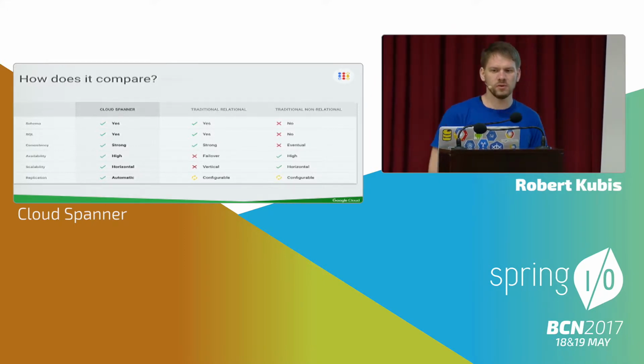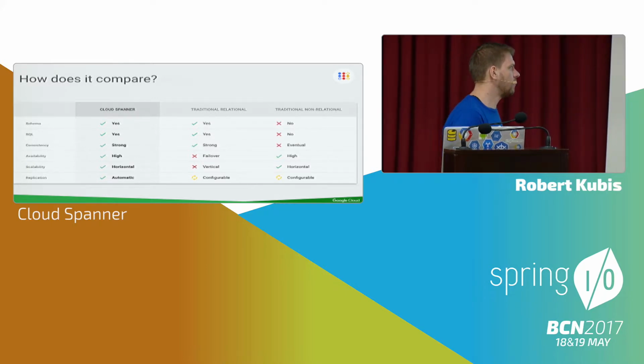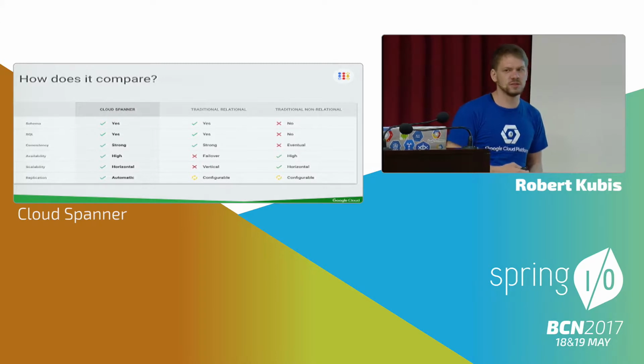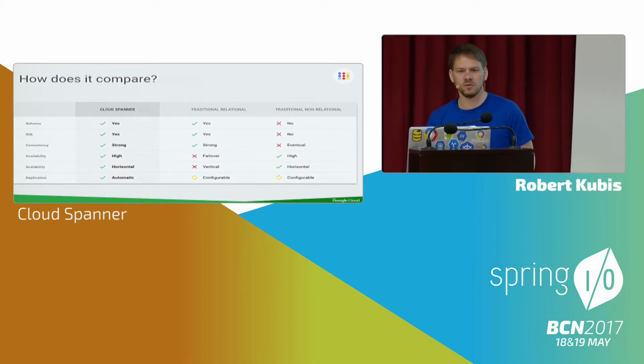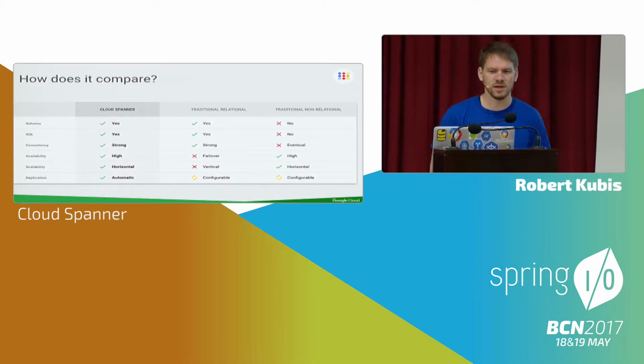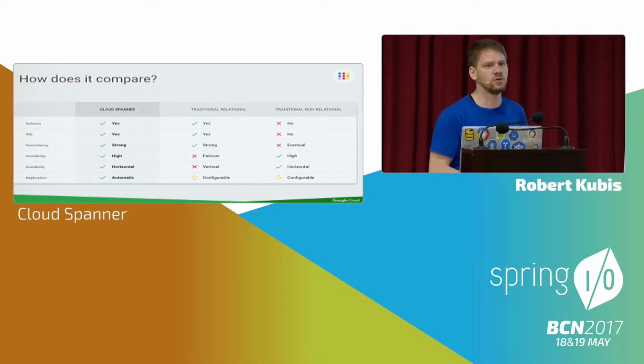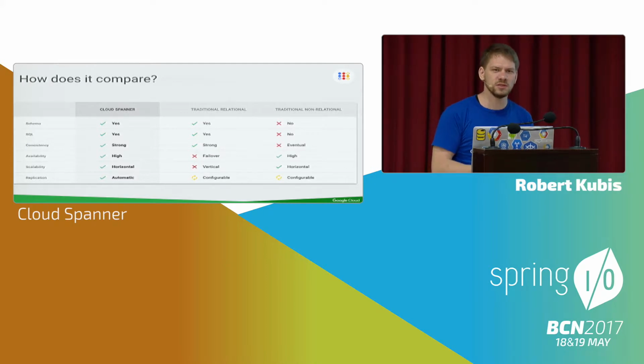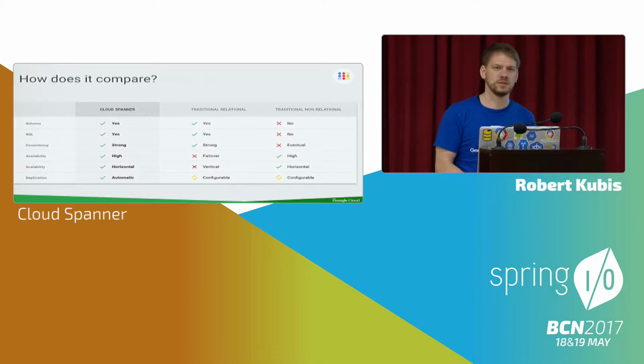Now, if you compare it to a non-relational system, you basically go into the world of not having strongly consistent schemas anymore. You might not have SQL support anymore, and you have sometimes configurable consistency, but usually if you want to scale horizontally, this is very restricted in what you can do.